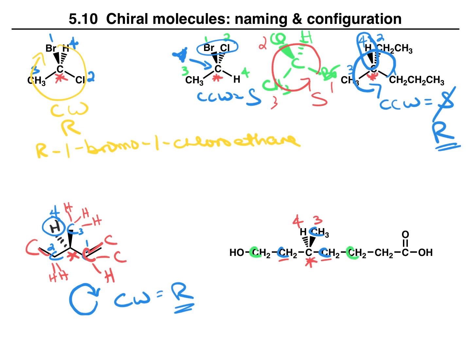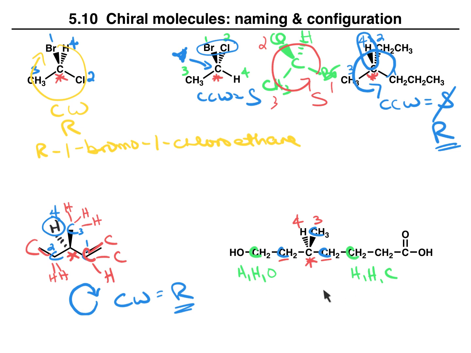So now we will move out one atom, and now we're comparing this carbon with this carbon. So the green carbon on the left is connected to H, H, O. The green carbon on the right is connected to H, H, C. So it doesn't matter that we have a couple of oxygens down here. We don't get that far in terms of determining the priorities. We go out one atom at a time until our first point of difference, because this green carbon is connected to things that are different from what this green carbon is connected to.